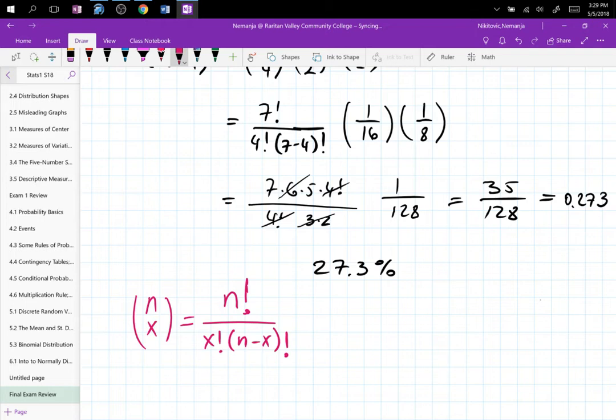You have to be able to look into the Z chart, get the area or get the Z depending on what you need. The T chart the same. And then don't forget the degrees of freedom for the T chart, n minus 1. And then what else? There was something else very important. Margin of error, right? You know the formula for Bernoulli Trials. I told you Bernoulli Trials is going to be there.